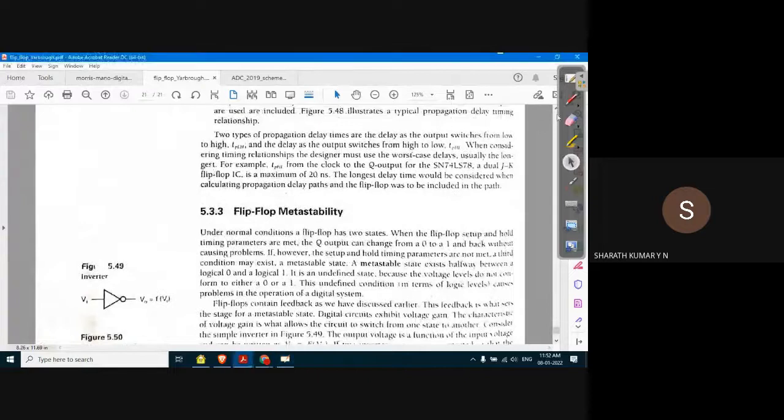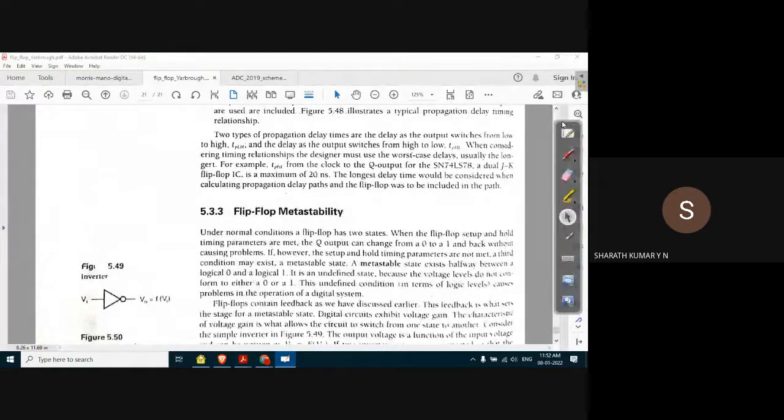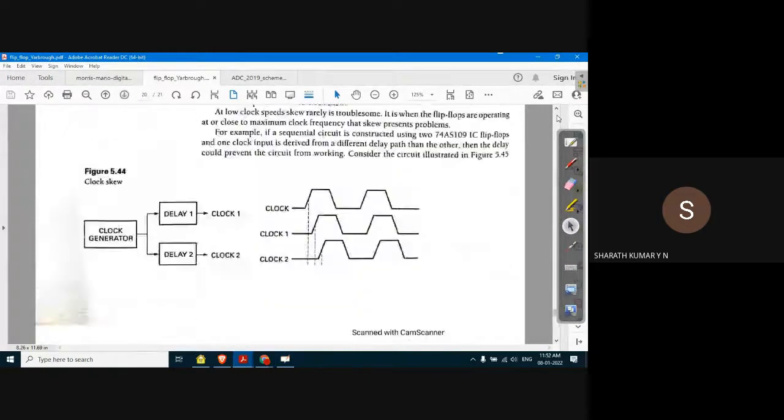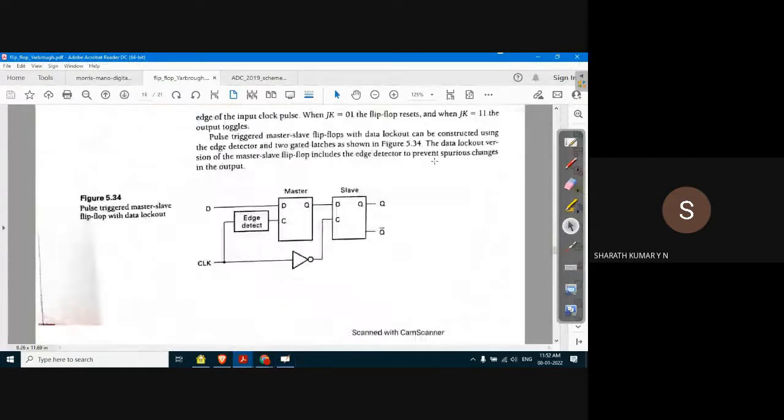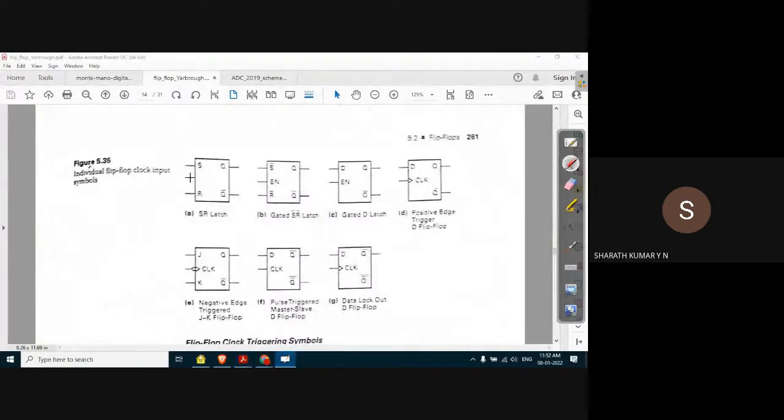In these logic symbols, there are two types of flip flops: one is the normal SR flip flop and the other is the gated SR latch. Depending on whether it is made of NOR gates or NAND gates, we can have the SR flip flop or what is known as the S dash R dash flip flop.